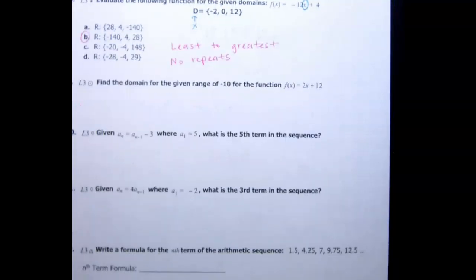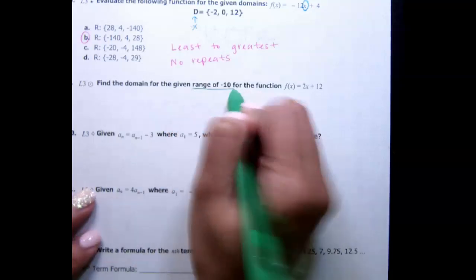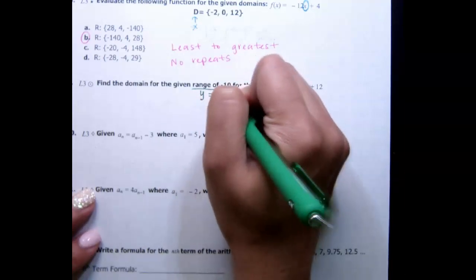All right. Number 9, find the domain for the given range of negative 10 and the function f of x equals 2x plus 12. So I need to find the domain if I have the range. Range is the y value. Y is the same thing as f of x.